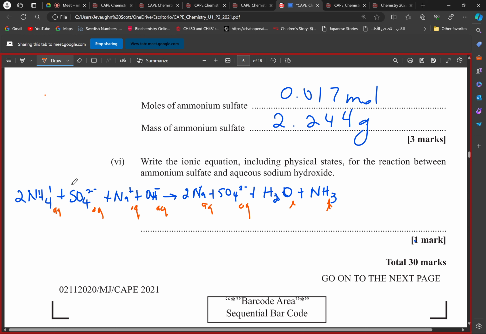Remember, it's two sodium hydroxide on the reactant side, so you need to put a 2 before the sodium and a 2 before the hydroxide. Alright, and we cancel the sulfate, right? What else do we cancel out?